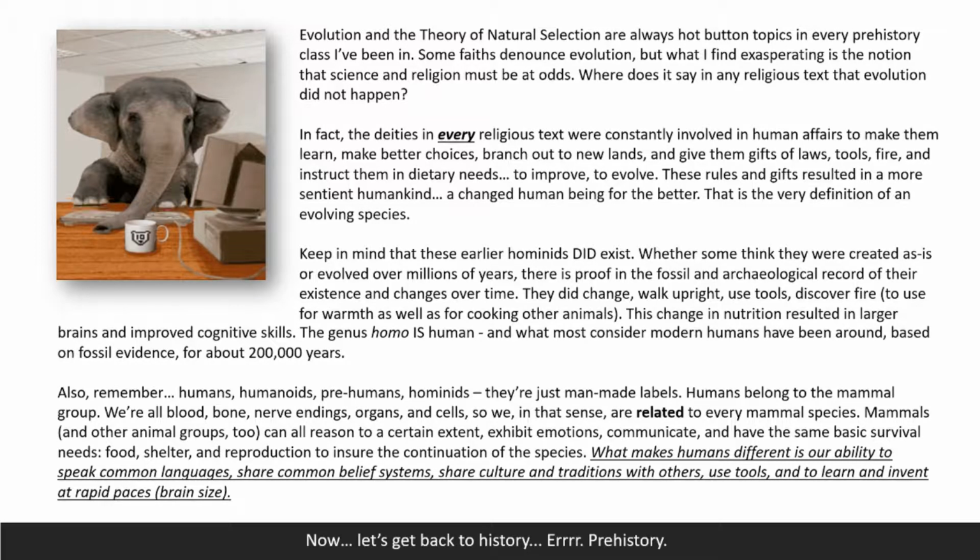Mammals and other animal groups too can all reason to a certain extent, exhibit emotions, communicate, and we all have the same basic survival needs: food, shelter, and sex. What makes humans, or modern humans, different is our ability to speak common languages, share common religious belief systems, share our culture and traditions with others, use tools, and to learn and invent at rapid paces. So, with that in mind, let's continue.